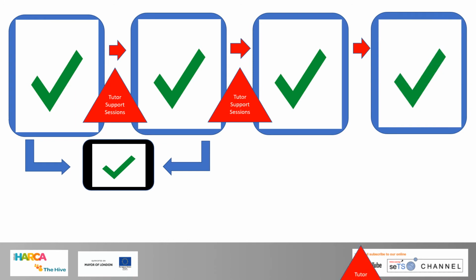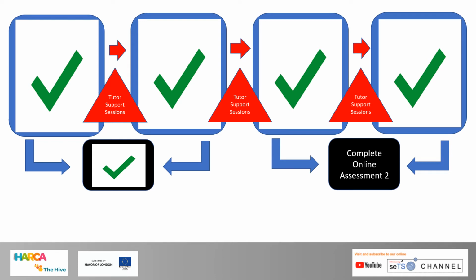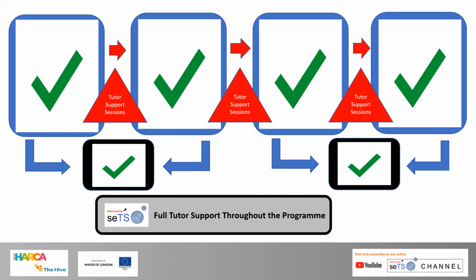Once Session 4 is complete, you will be able to have your online session for Assessment 2, and you'll be able to complete that and submit that for us to assess. Full tutor support will be throughout the entire programme. Once your assignments have been sent off for quality assurance checks, you'll be awarded with your qualification.